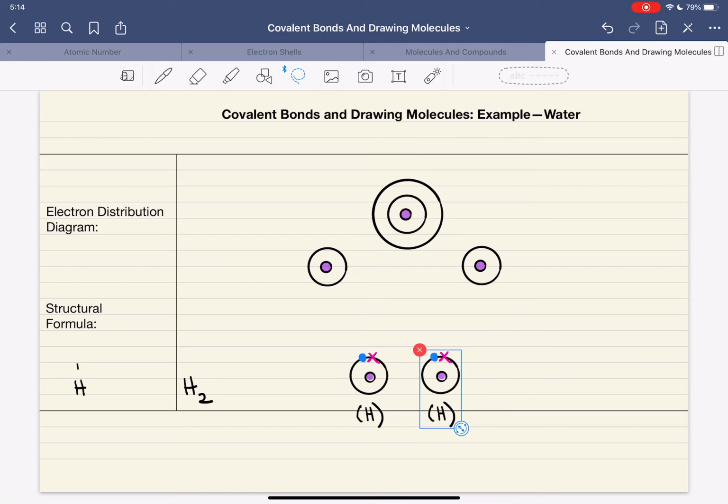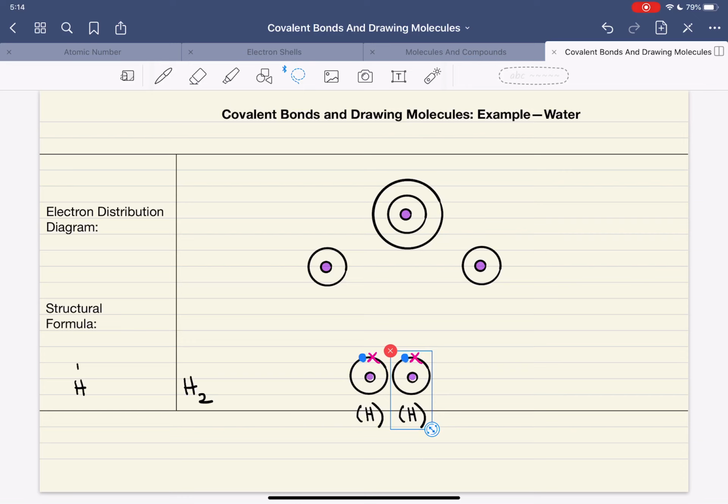So we're trying to understand why this molecule exists. Why do 2 hydrogen atoms like to come together to help each other out, to share, to achieve full shells? As we draw 2 hydrogen atoms adjacent to one another, it becomes clear. If they get close enough, their electrons can orbit near both atoms.